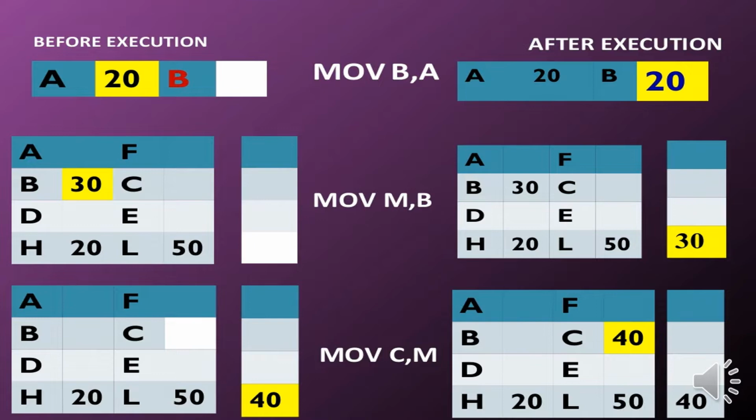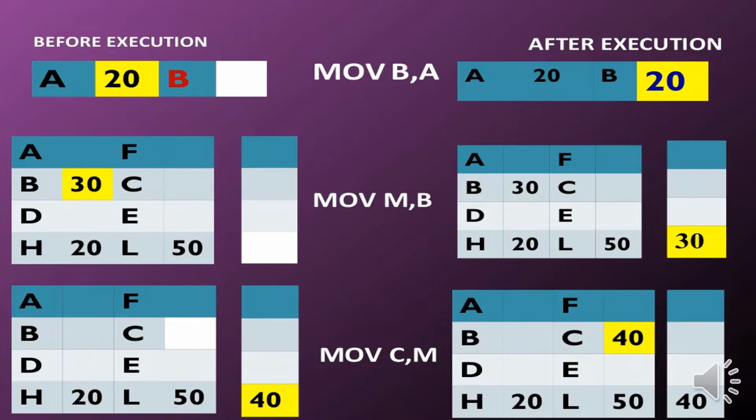The HL register pair points to the address 2050H, where H holds the higher byte and L holds the lower byte of the 16-bit address, so 2050H is the address of the memory location. Before the execution, any data can be stored at the memory location addressed by the HL register pair. After MOV M, B, the B register content is copied into the memory location pointed to by the HL register pair, that is 2050H, which stores the B register value 30.